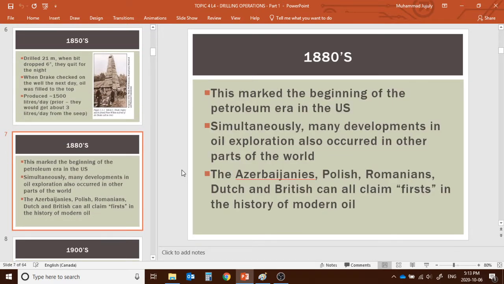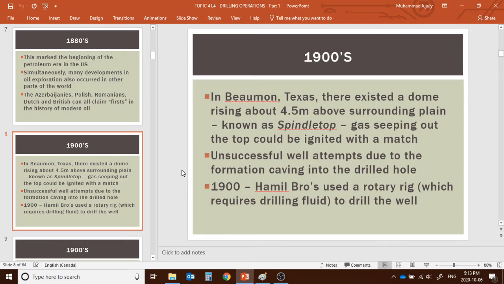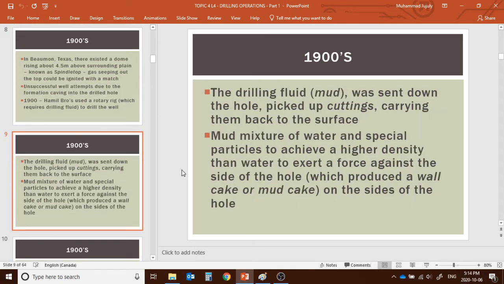Not only Azerbaijan, but Azeris, Poles, Romanians, Dutch, and British all claimed to be the first in modern world history, but it was actually all starting simultaneously at that time. So that's a bit of history about how we got oil and gas in North America.